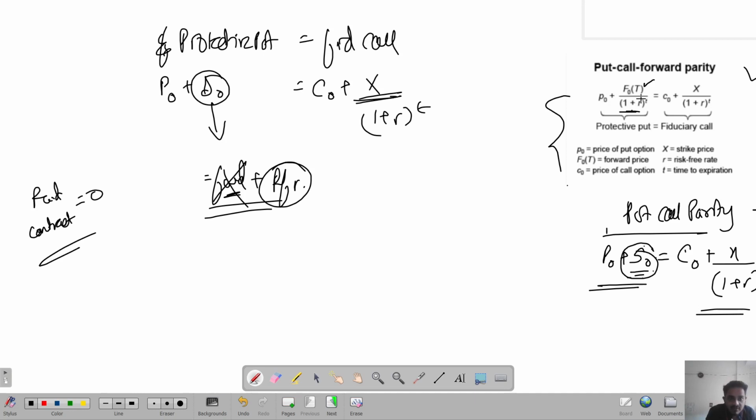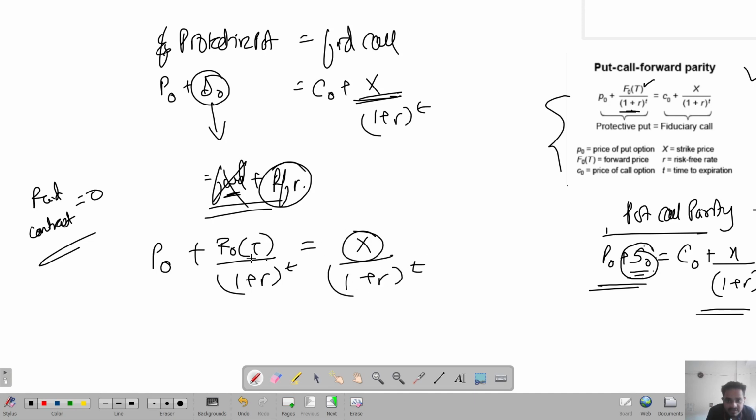The reason why we have FOT in the numerator is because the strike is the same. In the put option plus the risk-free rate, that is FOT plus 1 plus r the whole raised to t, equal to X upon 1 plus r the whole raised to t. These prices are all on the same strike.